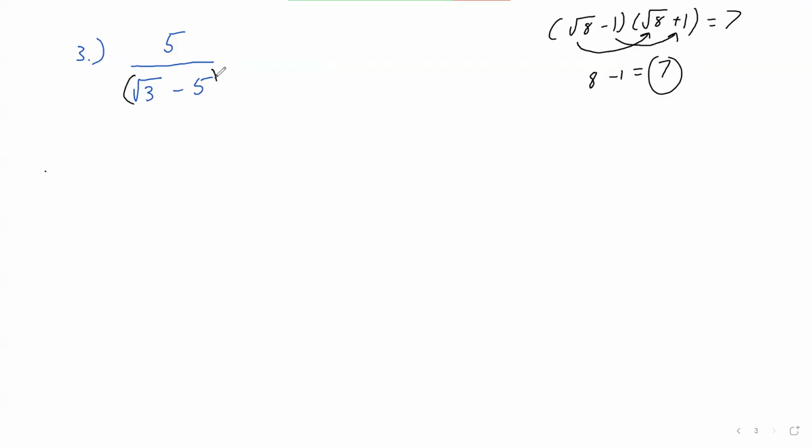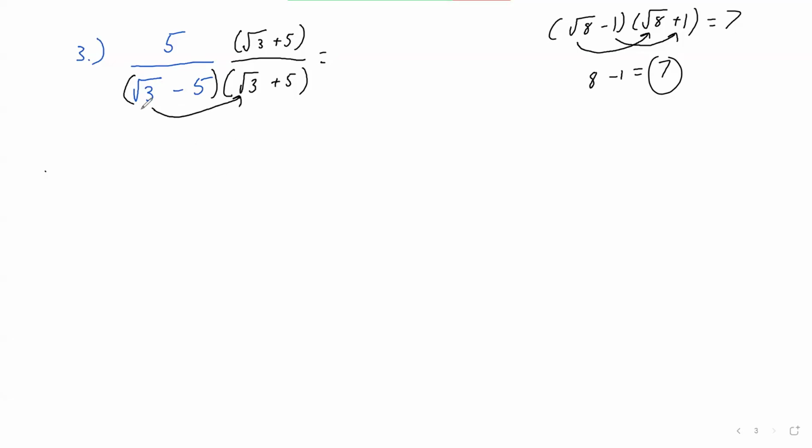So what I want to do, when you're faced with this situation, you're going to multiply this binomial by its exact self. You're just going to change the sign in the middle. So now I'm going to multiply by the square root of 3 plus 5. And of course, what I do to the bottom, I must do to the top. Because these are the same, I'm just going to multiply the firsts.